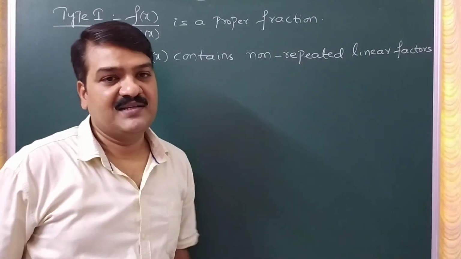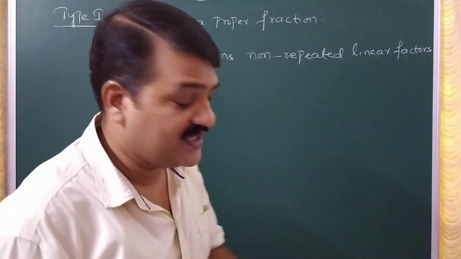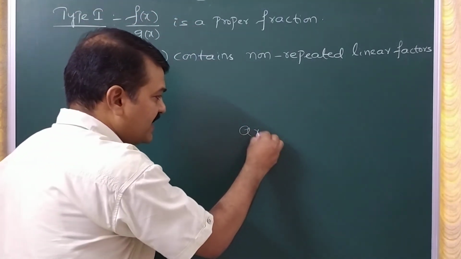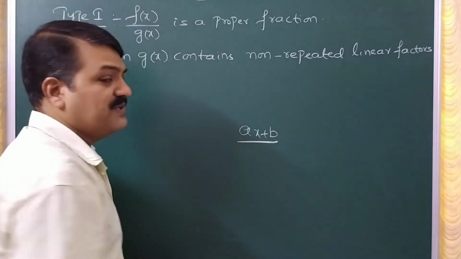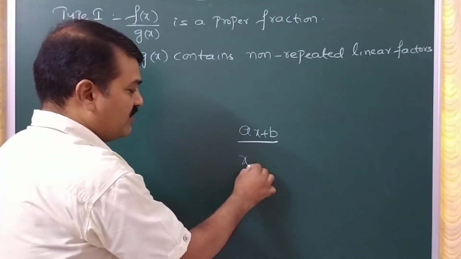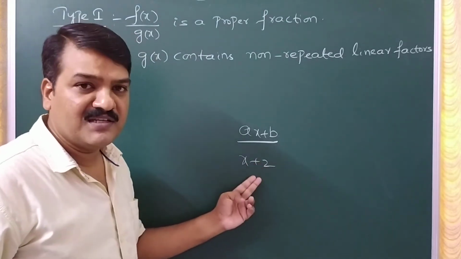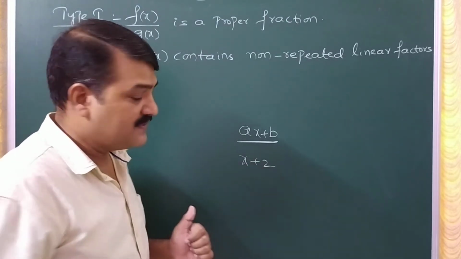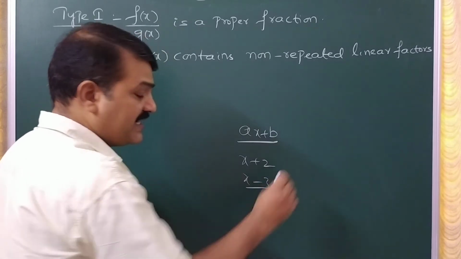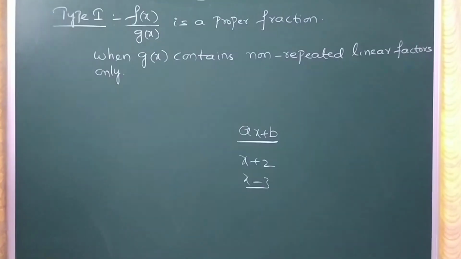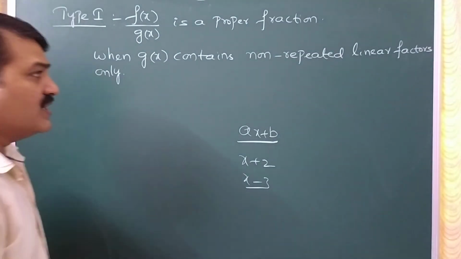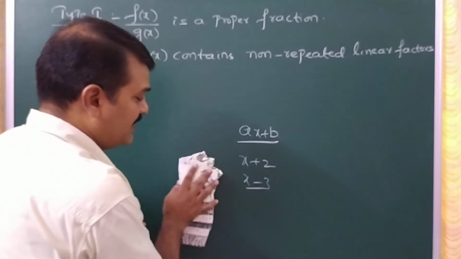Non-repeated linear factors. Linear means what? First degree. First degree means in the form of ax plus b. So for example, you have x plus 2. That is a linear factor. Why? Because the degree of this is 1. The highest power of x is 1. Okay. You can take x minus 3. All these are examples of linear factors. So, linear factor means it will be in this form.